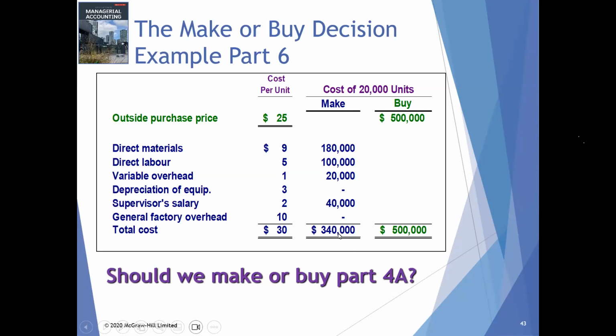If we're going to make it, the cost will be less because we have calculated number one, variable cost, second, variable cost, third, variable cost: direct material, direct labor, and variable overhead, and supervisor salary 40,000. So in this case, definitely we will make the product instead of buying. That will be more economical. So we will save a couple of dollars.